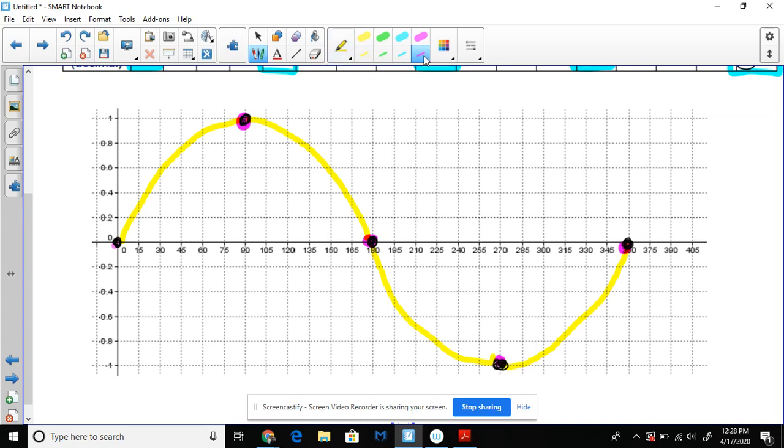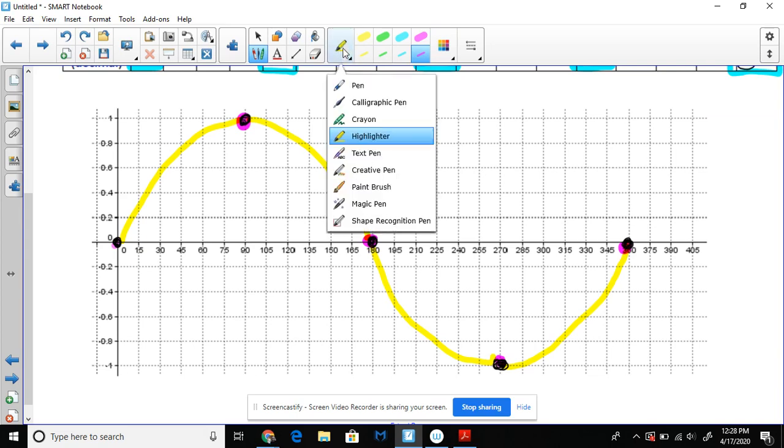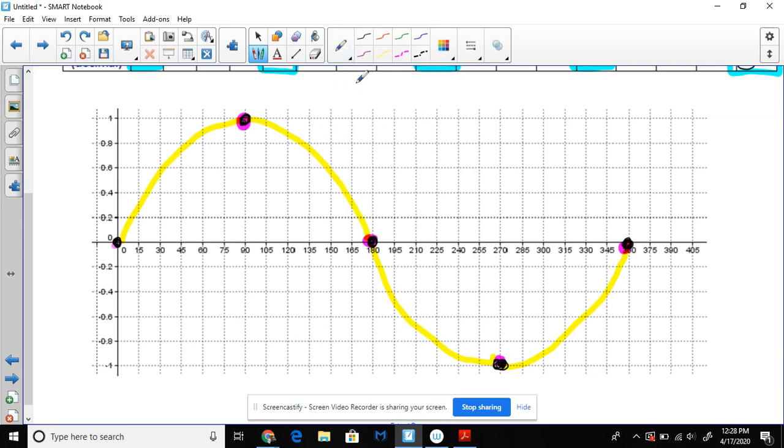Okay, just notice also when we look at my graph, I'm going to break this up into 4 chunks. Because remember when we talk about the CAST rule, right?